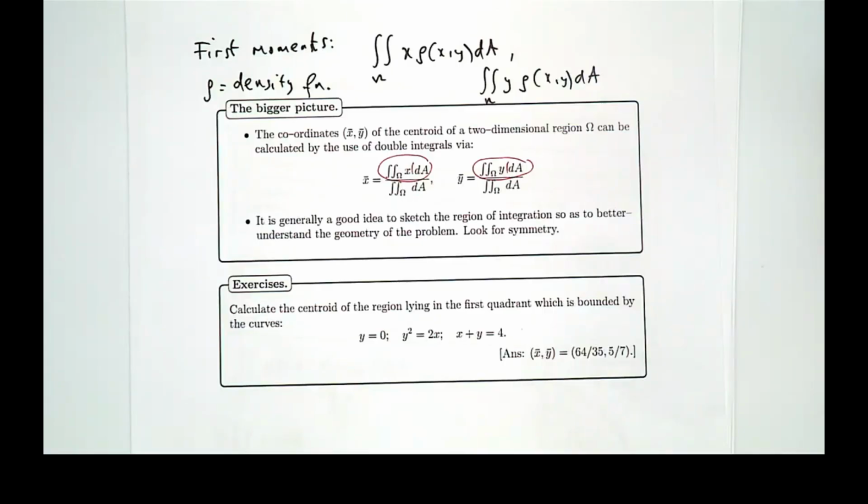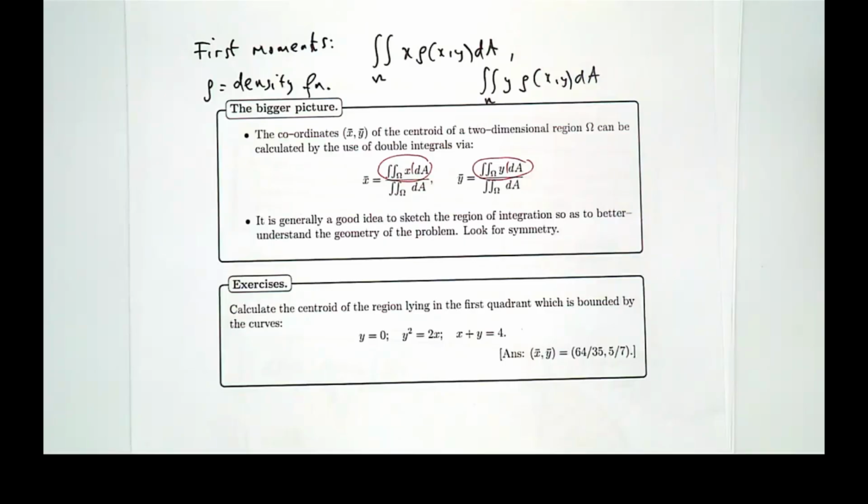Here I've just written down what's called the first moments of a shape or a solid or a region. Basically, here the rho function is like a density function, so as you move around the shape, maybe the density changes.